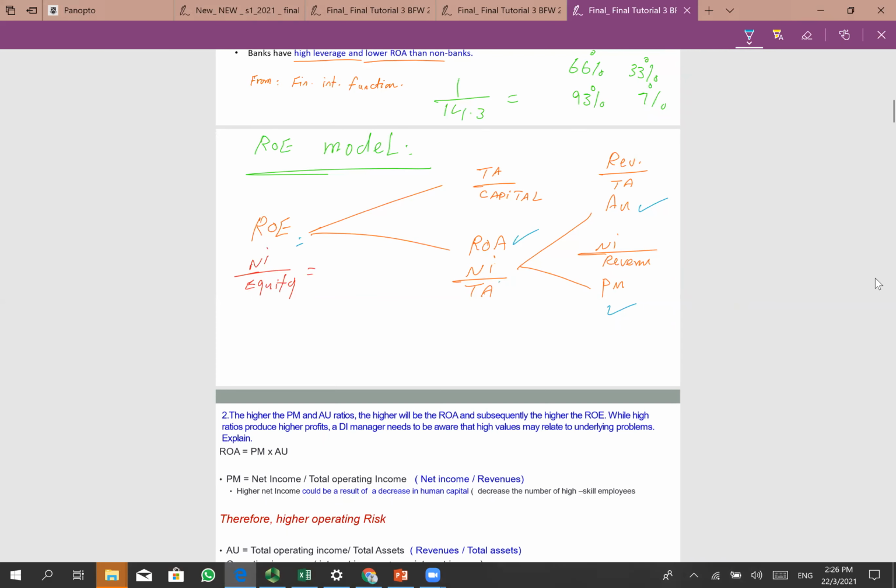Now the question is, while high ratios produce high profits, because this will increase the ROE, financial managers need to be aware that high values may relate to underlying problems. Let's look whether there are any possible problems.